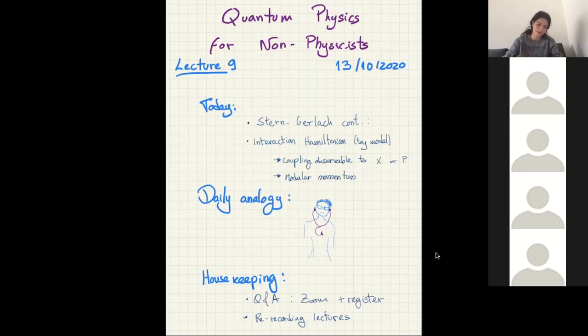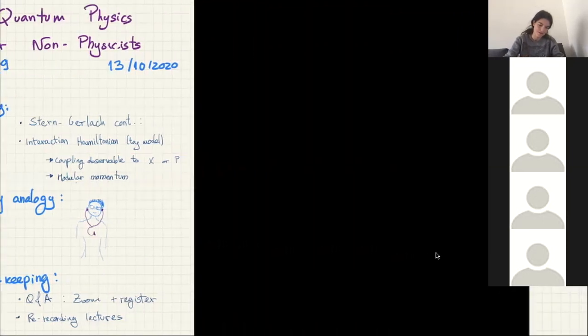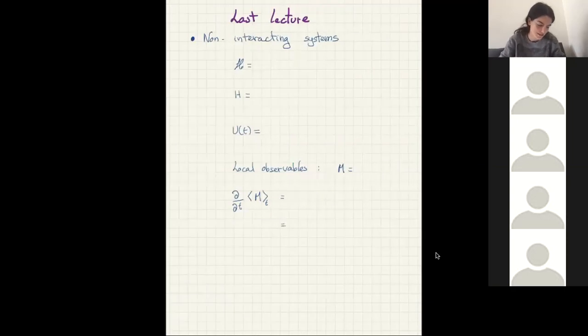Good. So what we did in the last lecture was to look at non-interacting systems. We saw in particular this electron that had an internal degree of freedom, then the x coordinate and the z coordinate, and the Hamiltonian was all non-interacting.